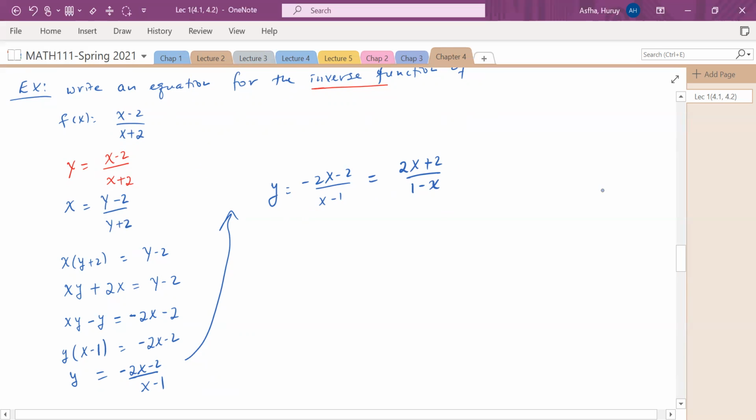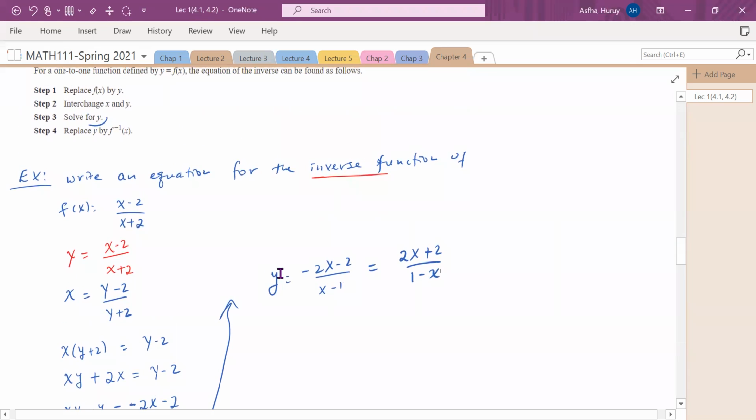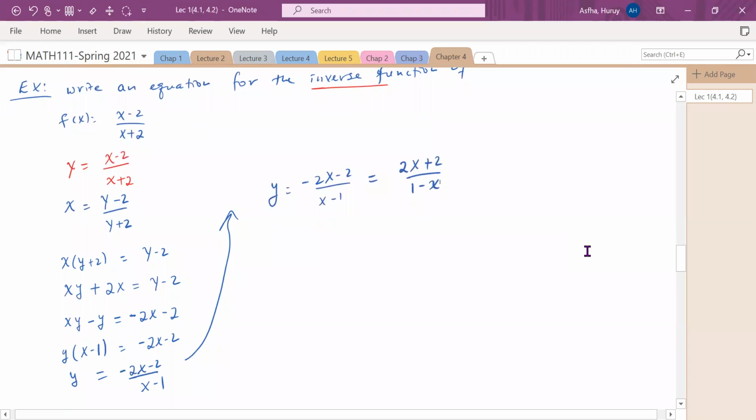And the next step after solving for y is that we replace this y by f inverse of x. So our y here is replaced by f inverse of x. This is how we represent the inverse of the function f. So originally f of x was this one. This is the original function.